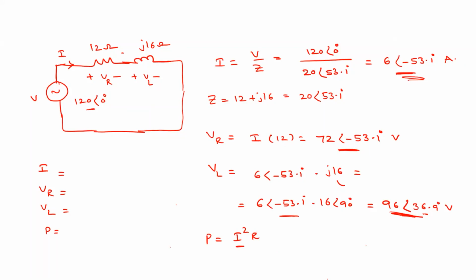No, sir, only the magnitude is required. The angle minus 53.1 is due to the reactive element, the inductive reactance, so that is not required. The only thing required is the magnitude, which is 6. So 6 squared into R, which is 12. 36 into 12 is 432.